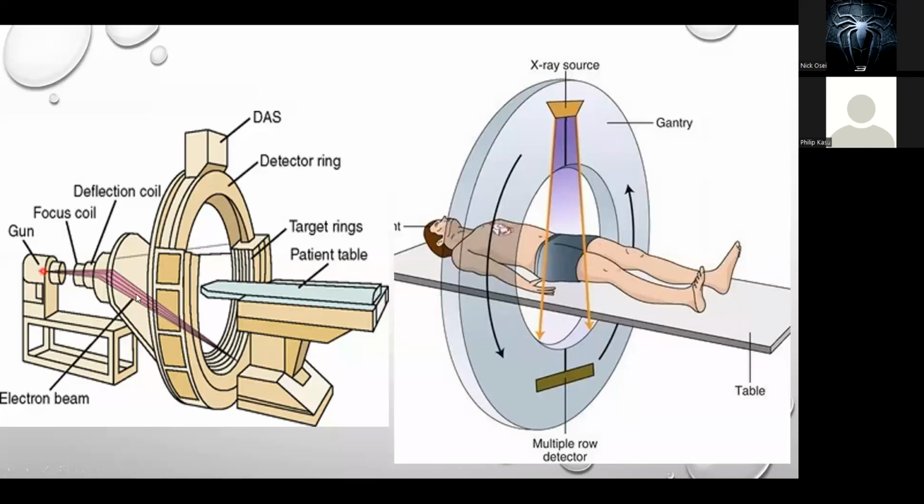The rays are shot from here, passed to the target rings, then pass through the patient and are received by the detector ring. For the newer ones, look at where the X-ray source is; the receivers are here.